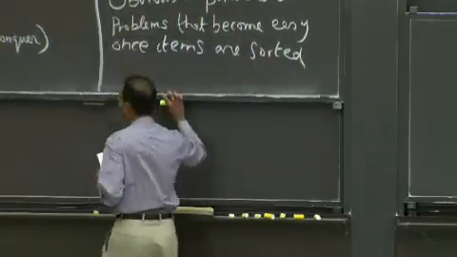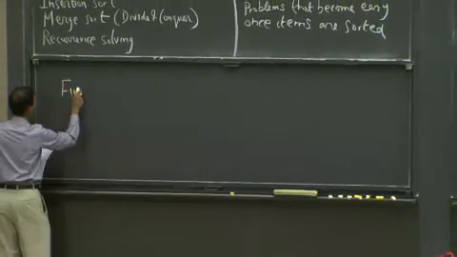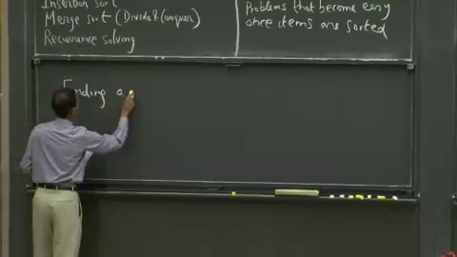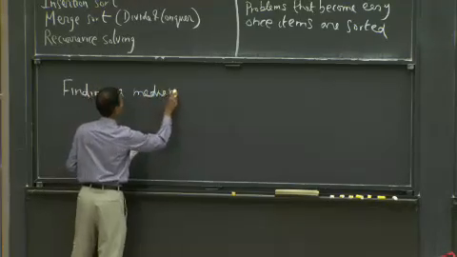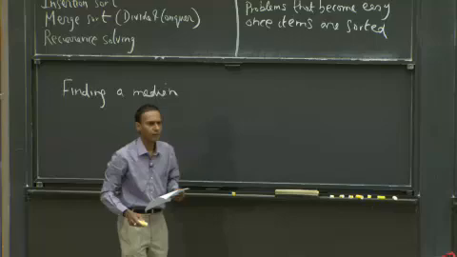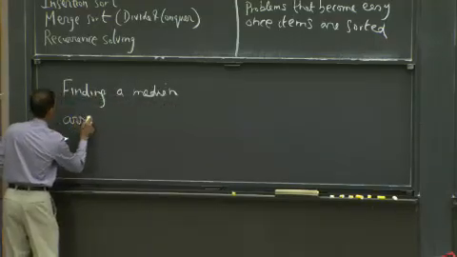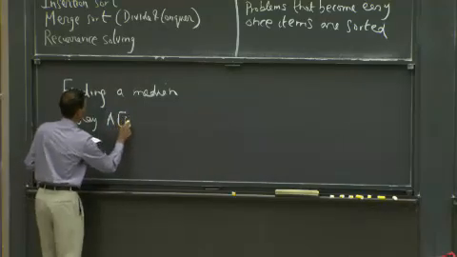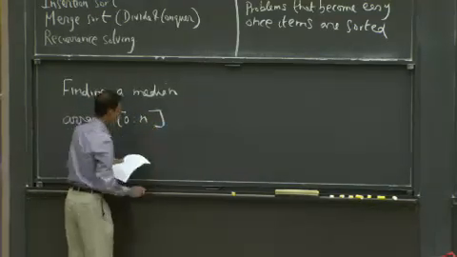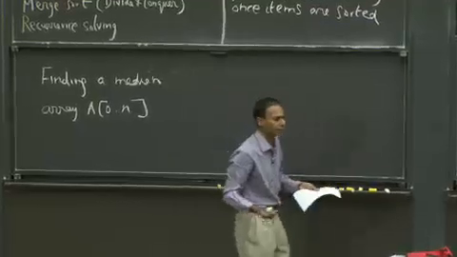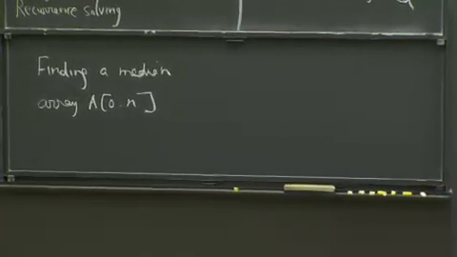And one example of that is finding a median, for example. So let's say that you have a bunch of items in an array A[0 through n], and A[0 through n] contains n numbers, and they're not sorted.